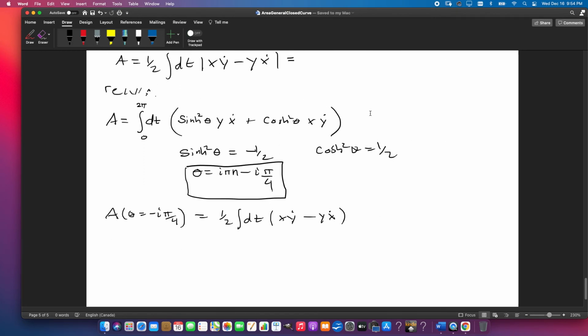So what it seems to be saying is that if I choose a vector field of alpha and minus 1/2 y, 1/2 x, 0, doesn't matter.